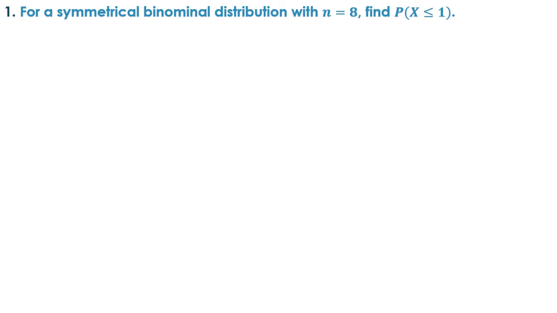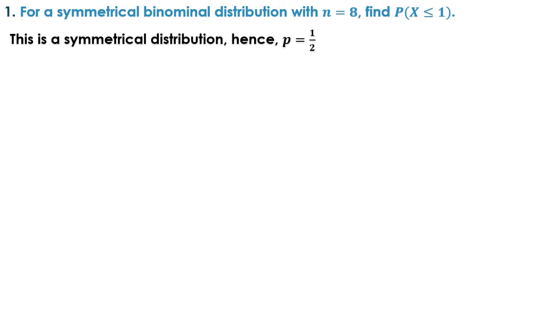From the characteristics of the binomial variable, symmetry means that p must be equal to 1 upon 2. So because this is a symmetrical distribution, the value of p will be 1 upon 2, and if p is 1 upon 2, that means q will also be 1 upon 2.